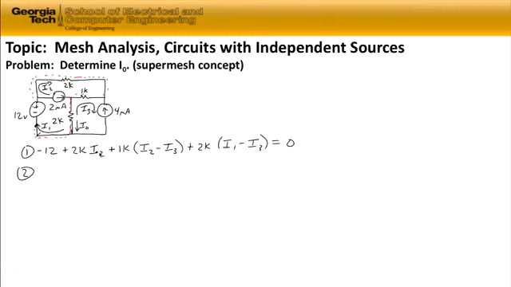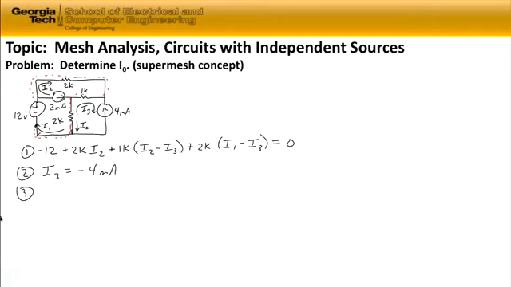We can see that we have our three unknowns, I1, I2, and I3, so we need two more independent equations. If we look at our third loop, we see that I sub 3 is given to us directly. I sub 3 is equal to minus 4 milliamps. That gives us our second equation.